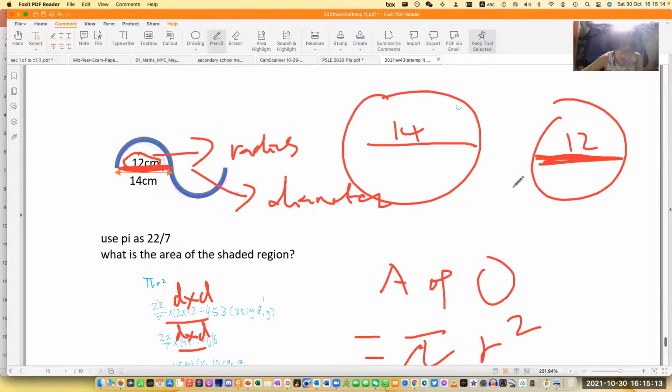Divide. Then what's the answer? 6. Correct. So you need to redraw the thing. 6 cm radius. Then what about this 14? Is this 14 radius or diameter?